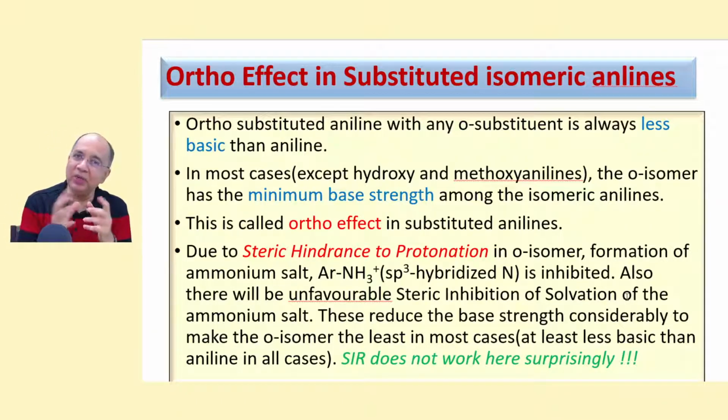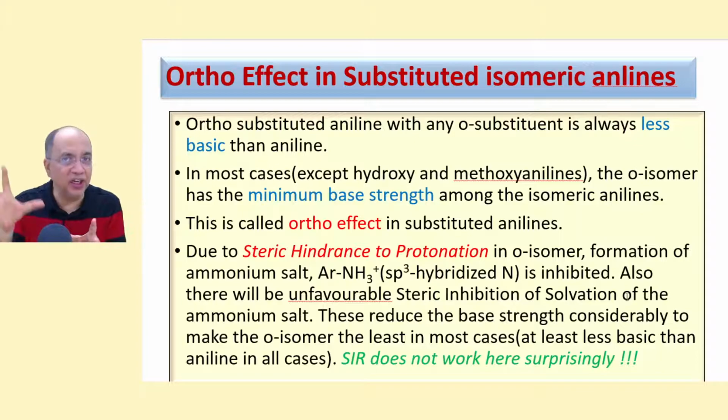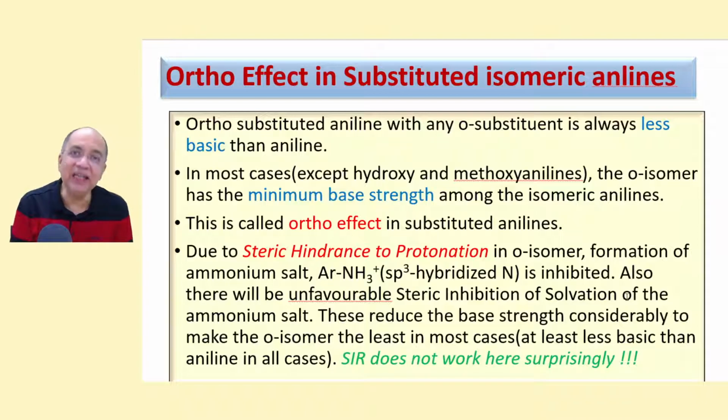No SIR, but there will be sufficient steric crowding for reducing the extent of protonation. Because if the amino group cannot be easily protonated, then it cannot show its basic nature. So that is inhibited or decreased due to the placement of the ortho group.